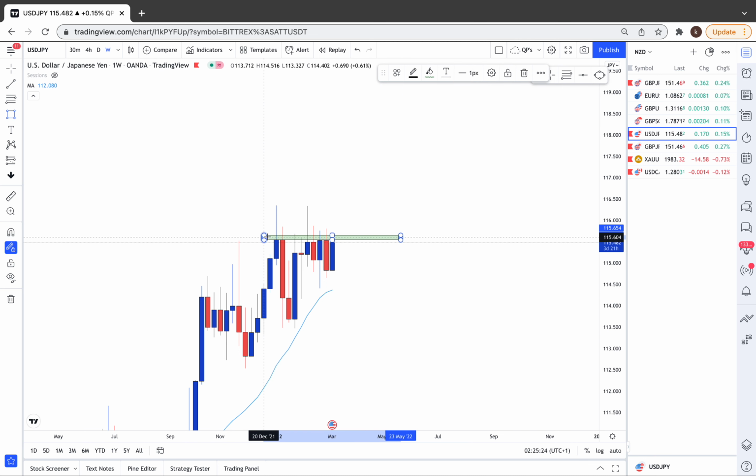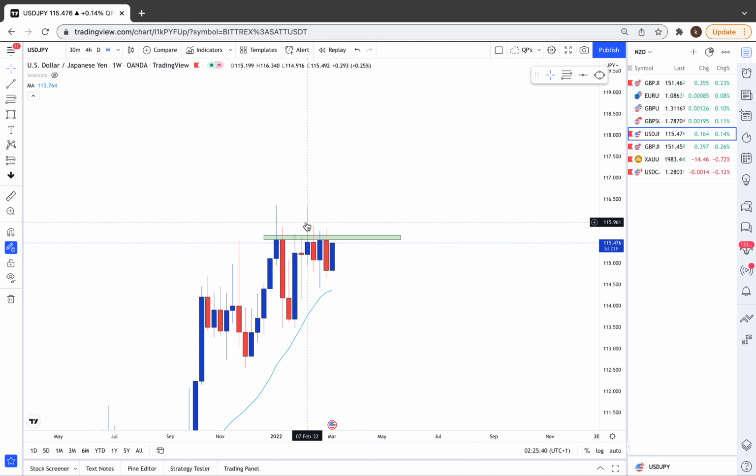Then we can see that around January the 1st and the 3rd of January, it came down, and now here we are exactly at the same zone. Once it rejected here, it flew down, and here it is starting to reject as well.